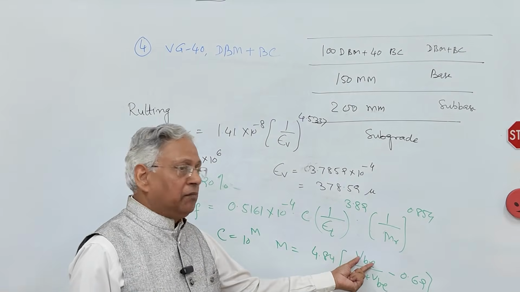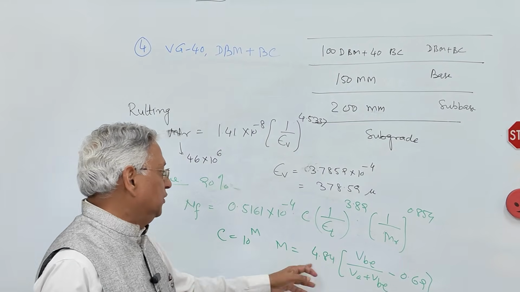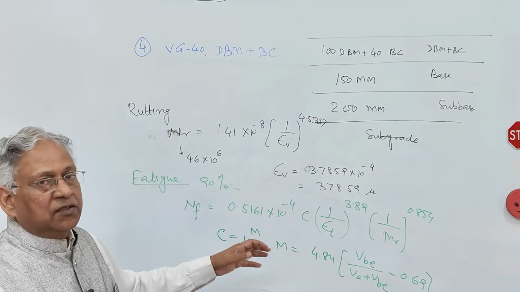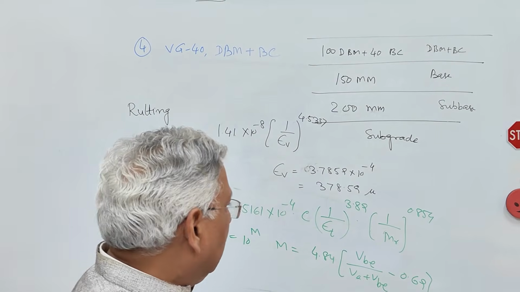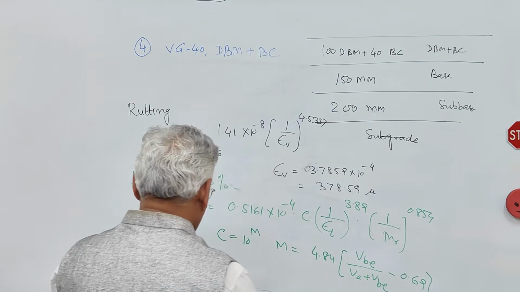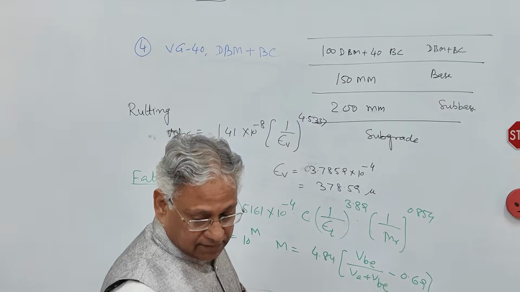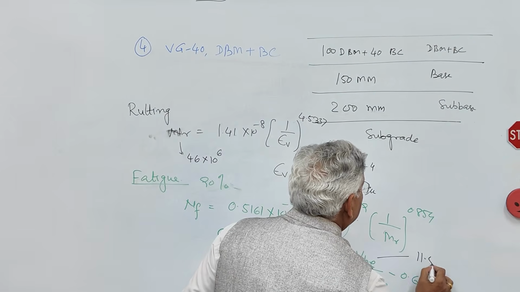Volume of effective binder, volume of air voids, that gives you M, and from M you can calculate C. So let us assume some values of this volume of effective binder, say 11.5%.